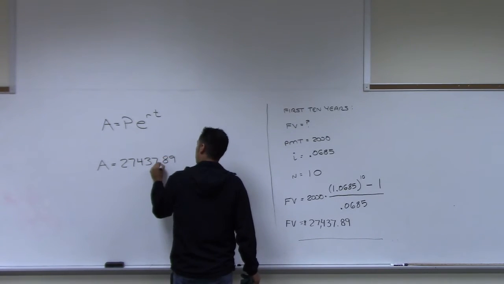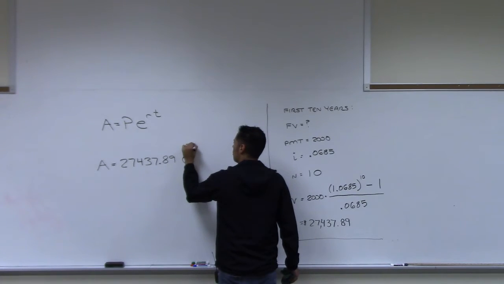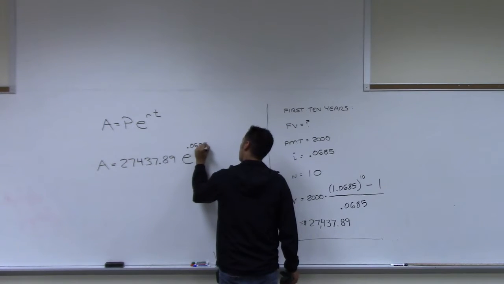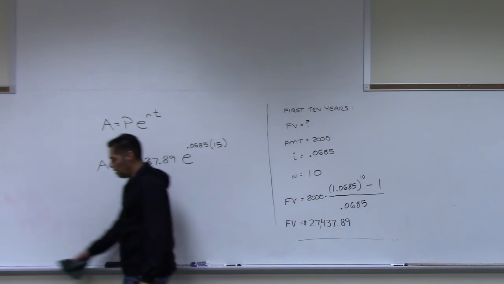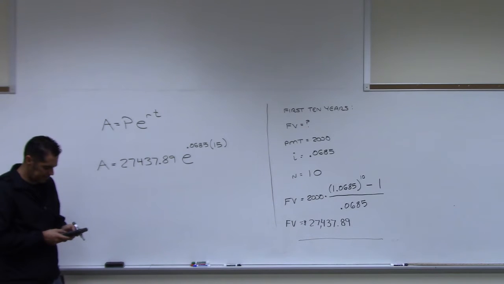So our P in this problem is $27,437.89. Then E to the R. R is our interest rate, which was 0.06, I forgot, 85, yeah? And then times time, how long is she leaving it in there for? 15 years. And you've done this calculation a few times now, so I'll just get the answer here for you.